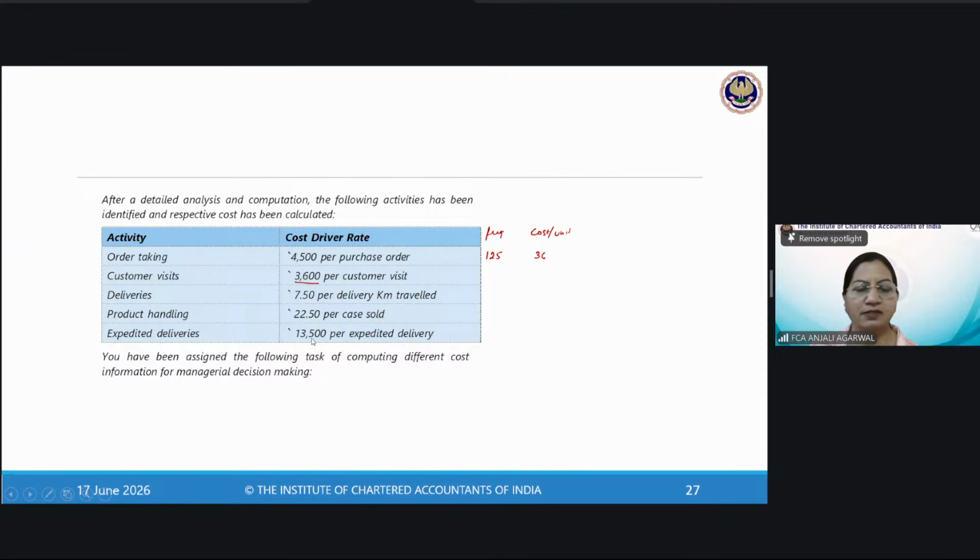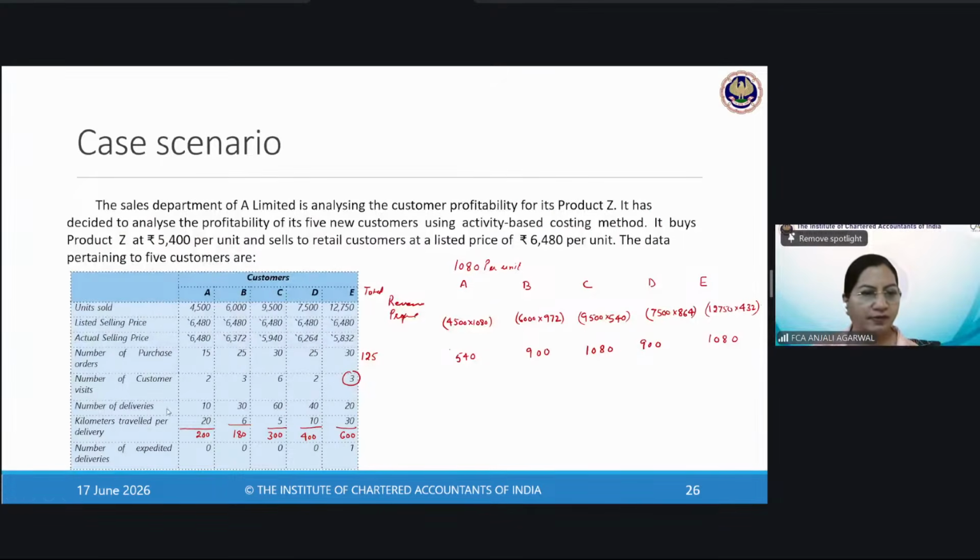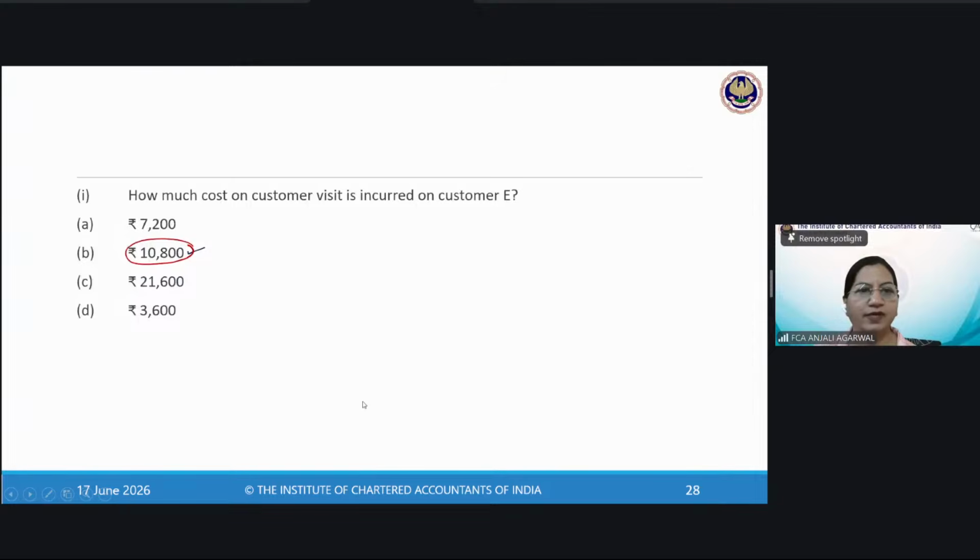Expediting delivery is 13,500 per expedited delivery. And number of expedited deliveries are given. It's 0 for customer A, B, C, D, only 1 for E. So number of expedited delivery for customer A is 0.